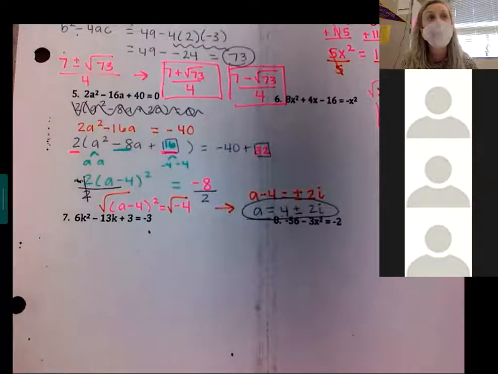You cannot add a real 4 and an imaginary 2. So you're going to leave it. That is not 6i and negative 2i or 6i and 2i. You can't do that. A real 4 cannot be added to an imaginary 2 or subtracted, so you just leave it. What questions do we have on most efficient method?